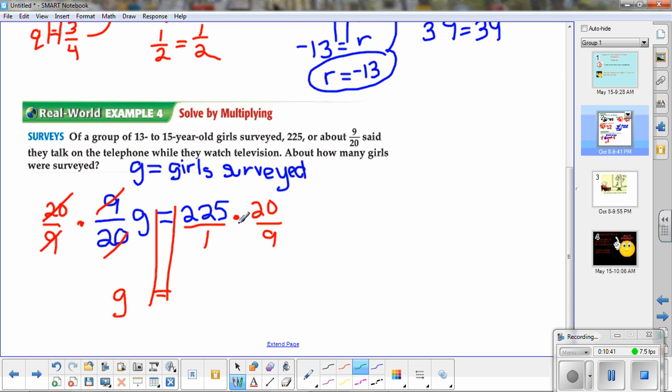So if I go ahead and do that, 9 divided by 3 is 3. 225 divided by 3 is 75.